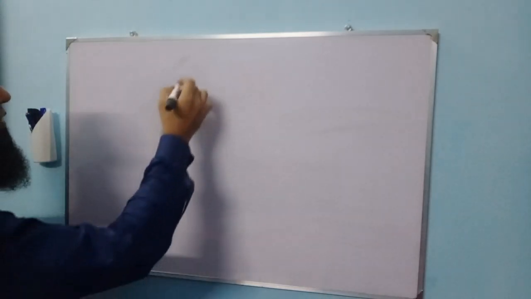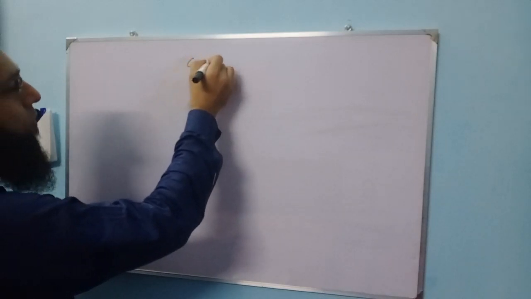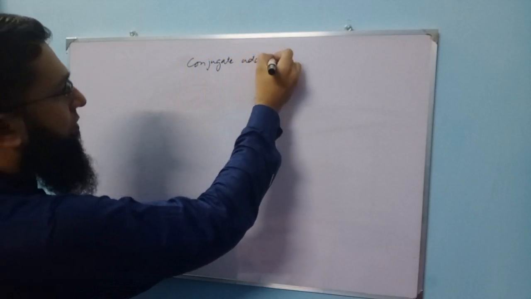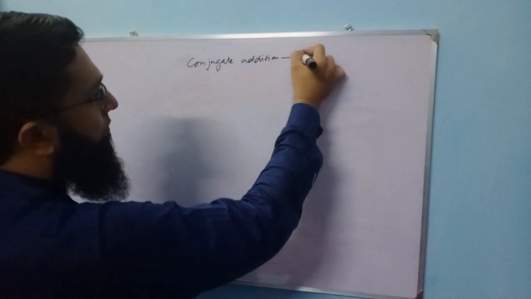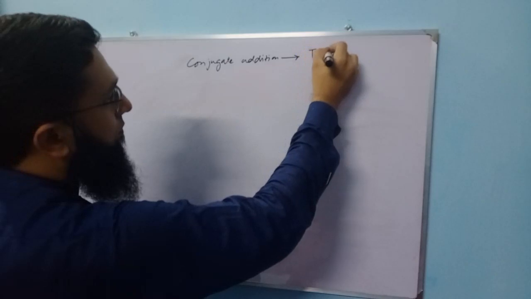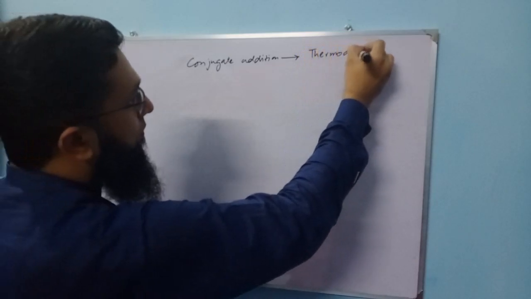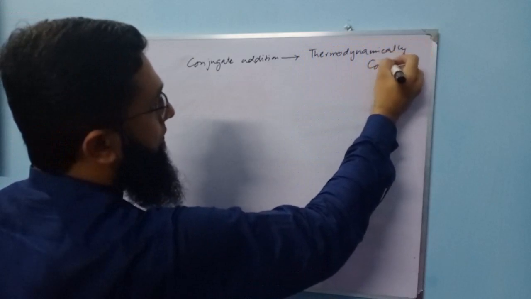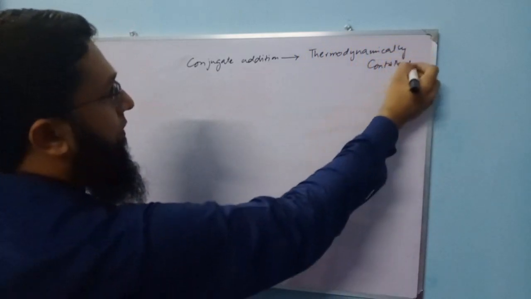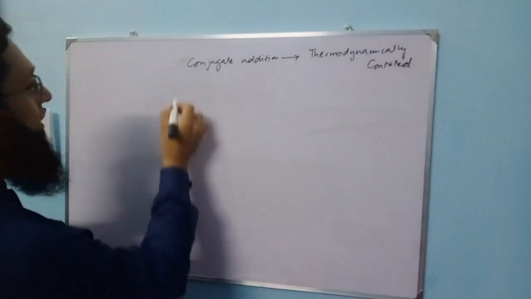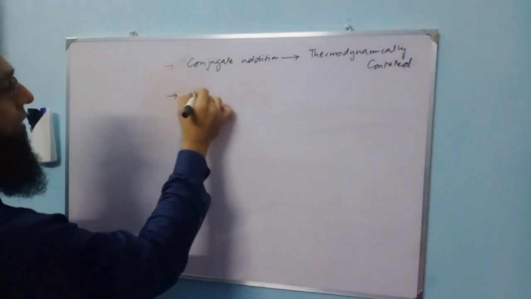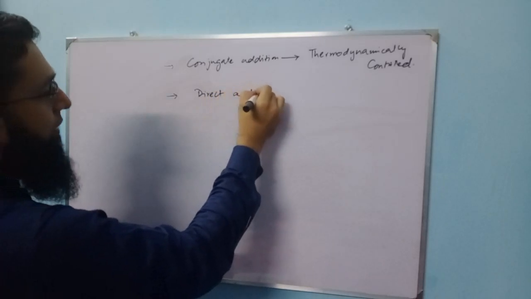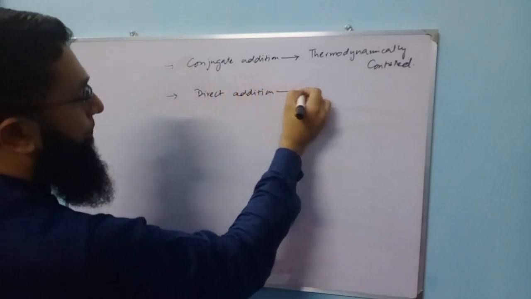We should know that conjugate addition is thermodynamically controlled, whereas direct addition is kinetically controlled.